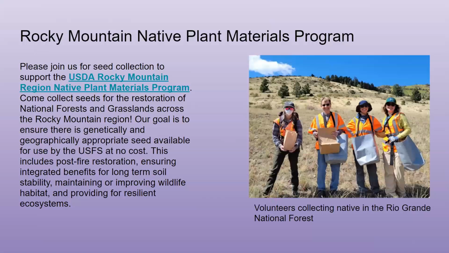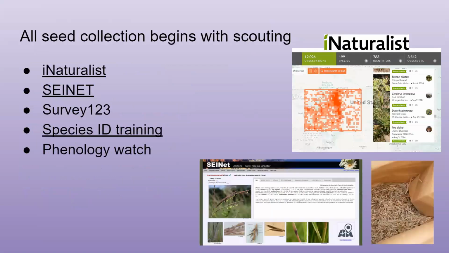The Rocky Mountain Native Plant Materials Program, we collect seed. And more, what we do is we scout for that seed. And so all seed collection begins with scouting. And if you learn something today, it's that you are a powerful tool. You and your iNaturalist.